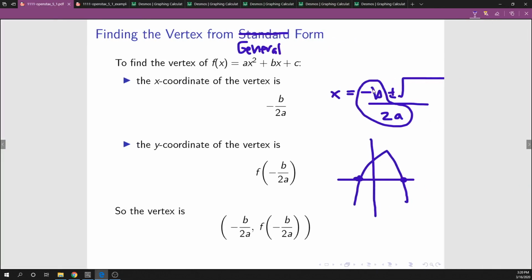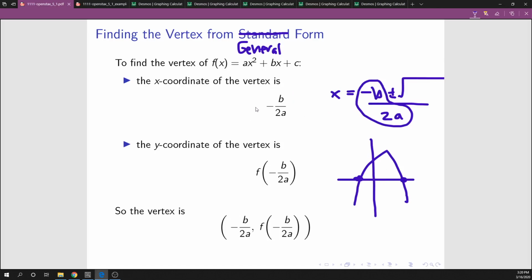That's where the minus b over 2a comes from. The plus gives you one of these and the minus gives you the other. The formula is basically giving you the distance above and below the vertex, so the vertex x-coordinate is halfway in between. That's roughly where it comes from.